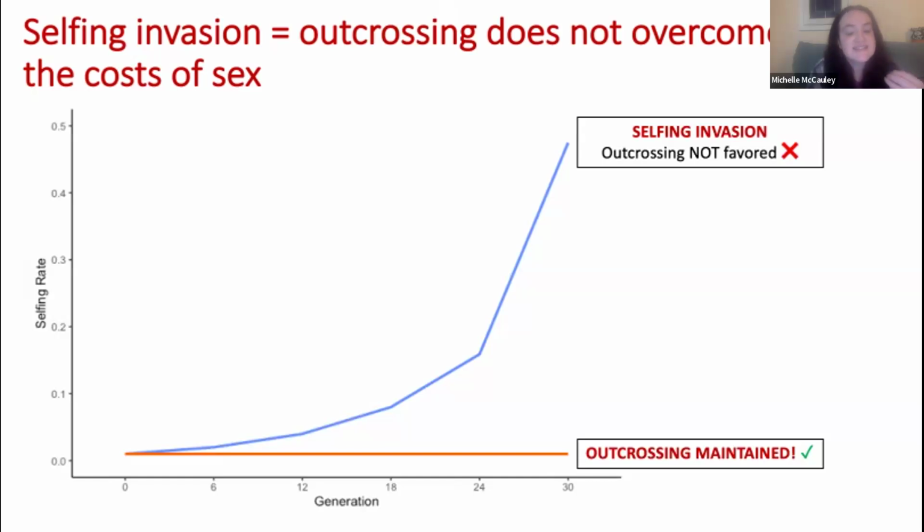But if outcrossing is not favored, selfing will invade the population and selfing rates will increase over time, as in this blue line, and we're going to call this a selfing invasion. I do want to note that the rate and degree of selfing invasions can vary a lot. That in itself is pretty interesting, but for the sake of this talk, I'm just going to say if selfing rates increase, it's a selfing invasion.